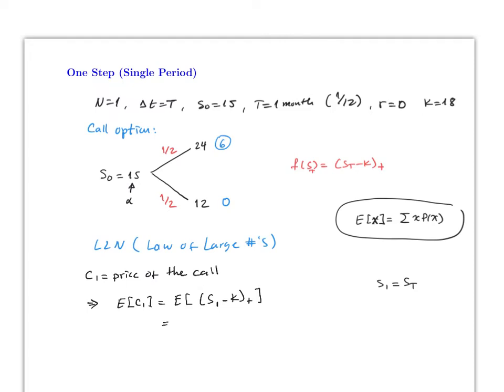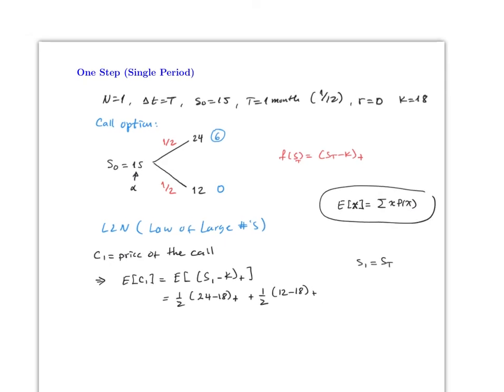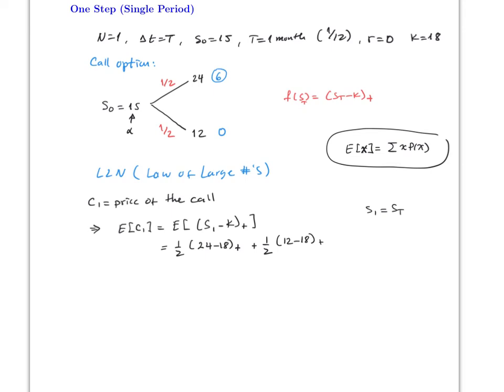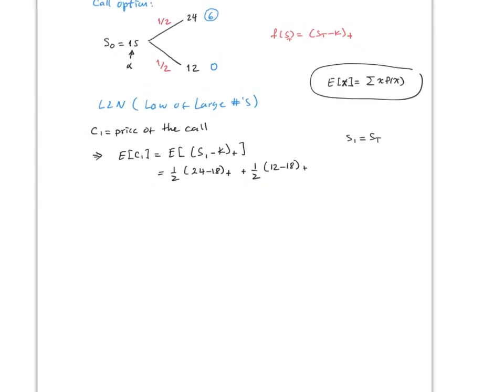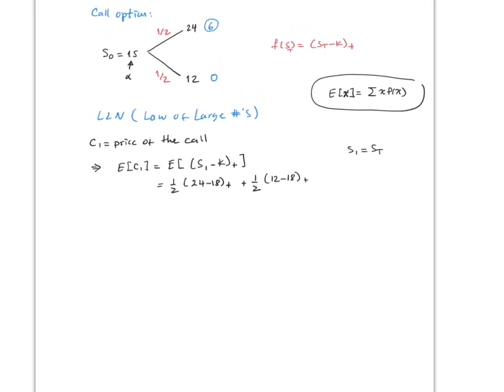So then this will be 1/2 times 24 minus 18 plus 1/2 times 12 minus 18 plus, which is the payoff function. Okay, and here remember these are the probabilities.